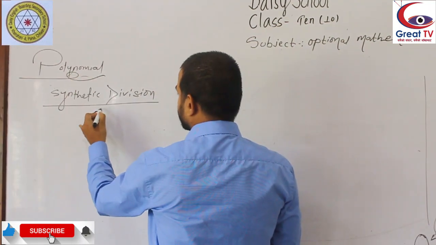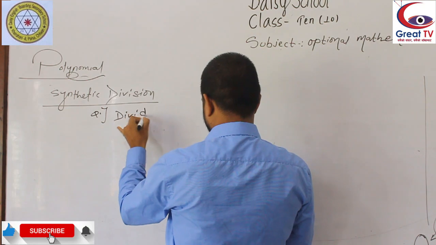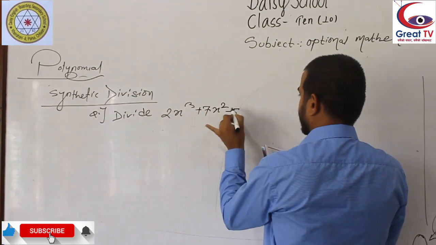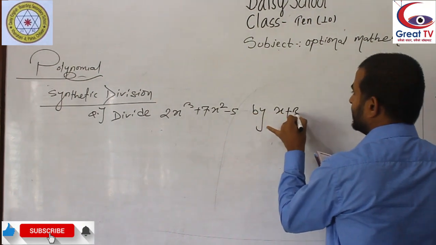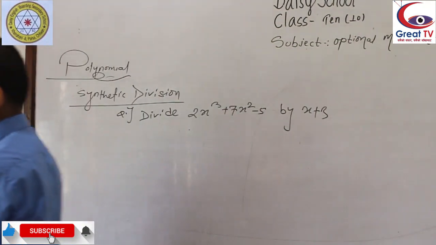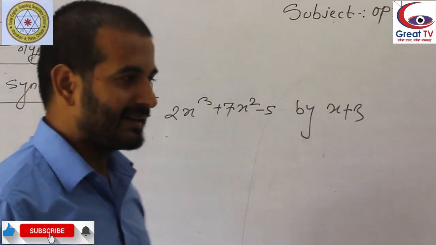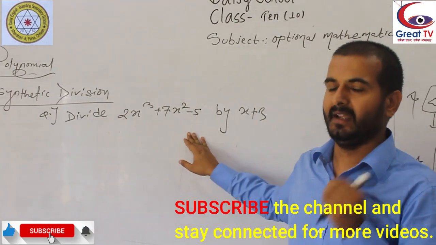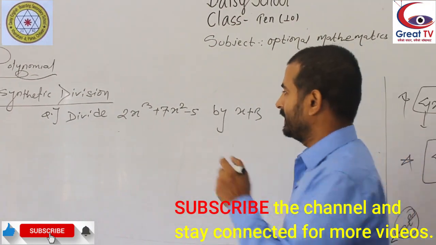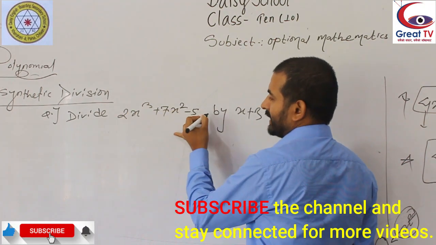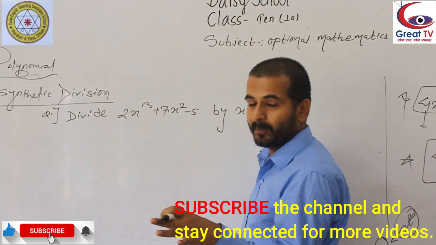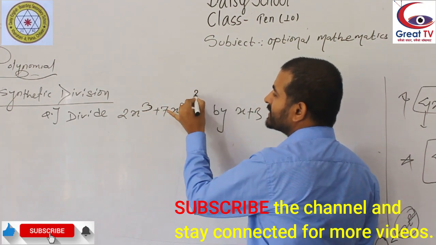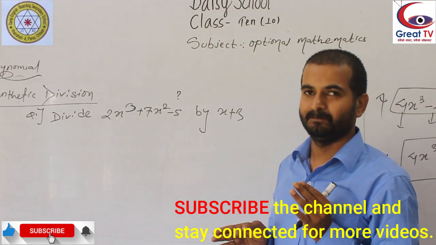So let's divide 2x cubed plus 7x squared minus 5 by x plus 3 using the synthetic method, my dear students. In this method, don't forget to check the sequence every time. X power 3, x power 2, x power 1: one sequence is missing here, don't forget it.